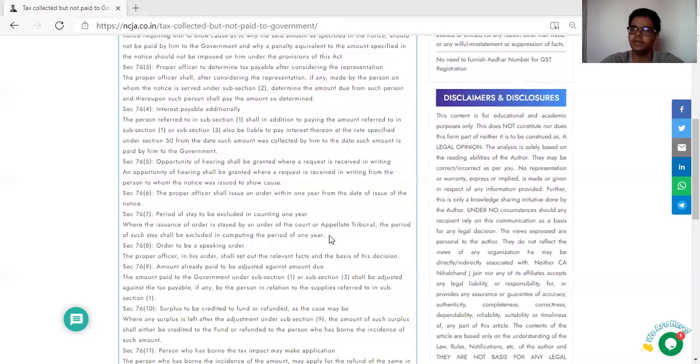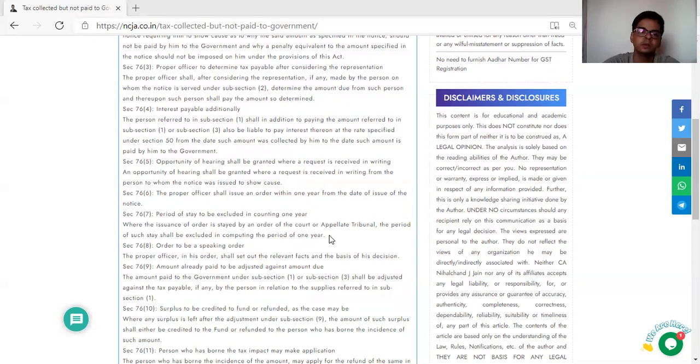Now, in the indirect tax laws, one thing is the best thing, that any order that the officer passes, it has to be a speaking order. Now, what is the meaning of the term speaking order? That the notice or the order shall contain all the facts and the basis on which the decision has been taken.